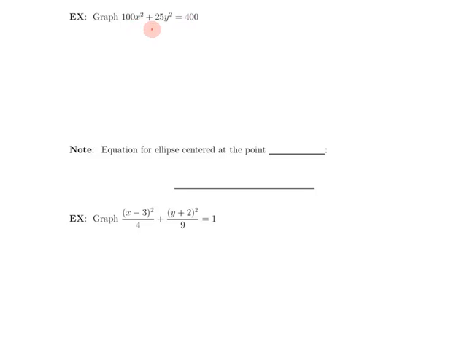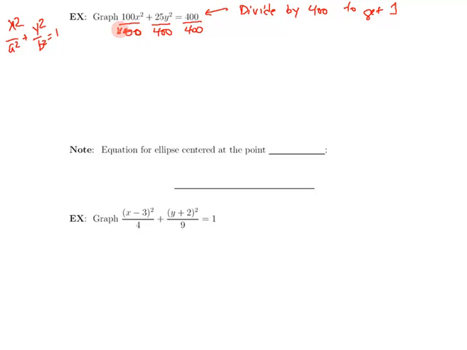So I'm going to divide everything by the right hand side, by 400, to get 1. So we'll get it in our standard form: x squared over a squared plus y squared over b squared equals 1. If I divide this by 400, this by 400, and this by 400, and reduce my fractions, I'll have something in standard elliptical form. Clearly the right hand side is 1.